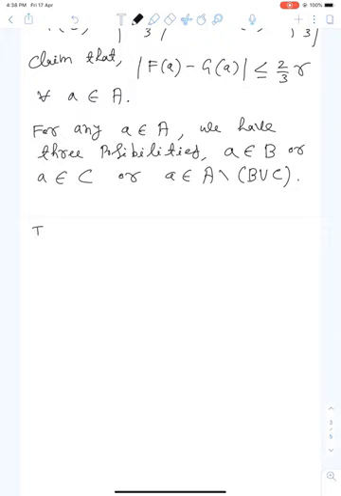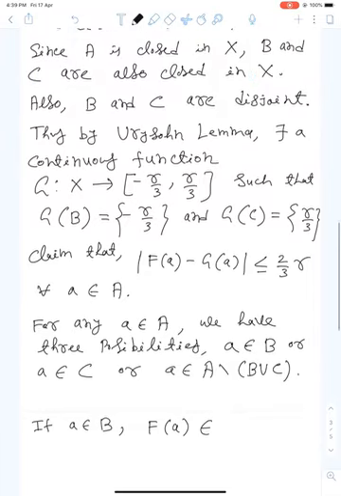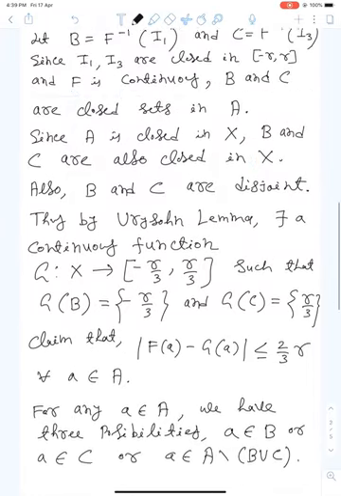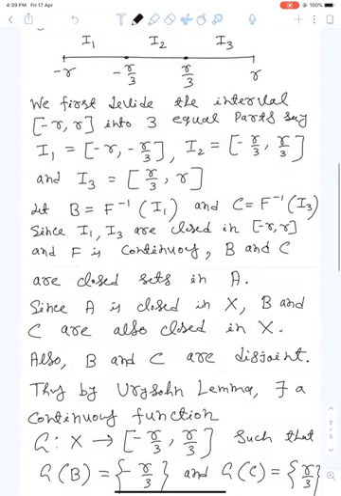Then what is my f of a? B is f inverse of I1, so if a belongs to B, then f of a belongs to I1, right?